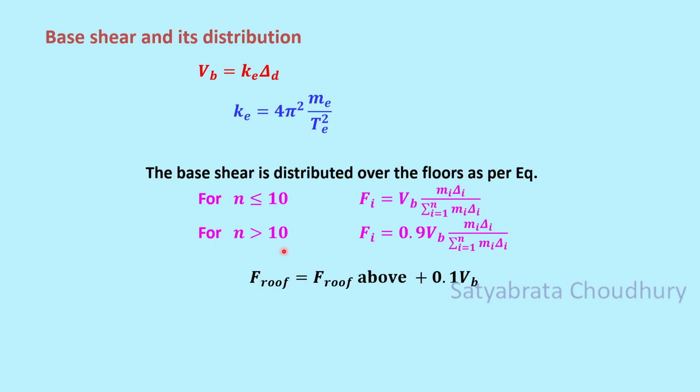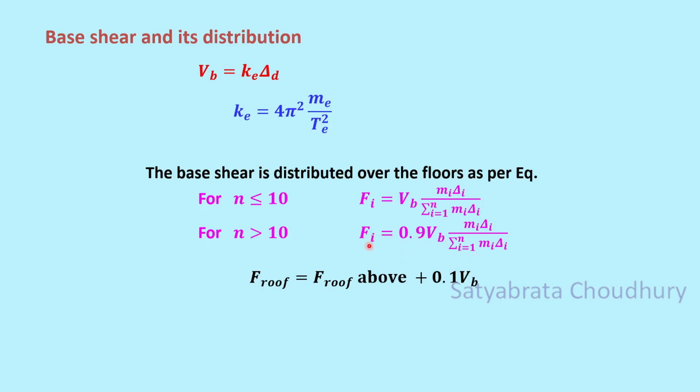If the number of stories is more than 10, then there is some higher mode effect on the system, and you cannot take that into account just arbitrarily. This is one way suggested in the literature to take the effect of the higher modes when the number of stories is more than 10. We distribute 90% of the base shear by a similar formula as here, and 10% we keep aside.